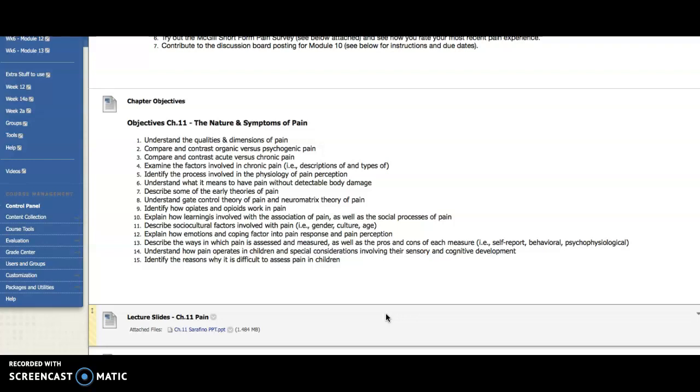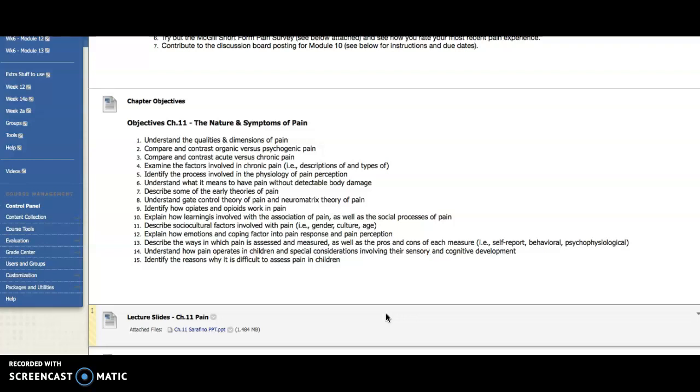Also, the differences between what's considered acute versus chronic pain. So our short-term pain that we recover from after a given period of rest or remedy, and then the longer lasting chronic pain that can be intermittent and even lifelong, and can be much more complex.